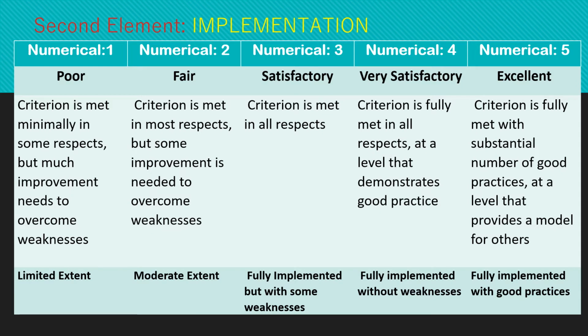The second element in our instrument is implementation. For implementation, we are rated based on the extent of how the systems and processes are implemented. Again, we have the 5 numerical ratings, 1, 2, 3, 4, and 5. 1 is poor, limited extent.